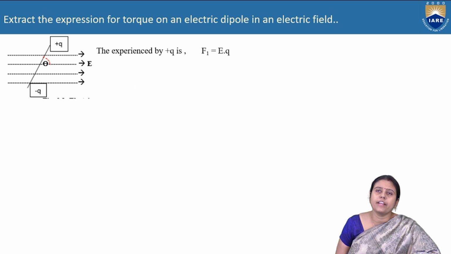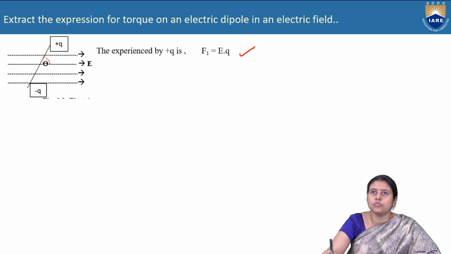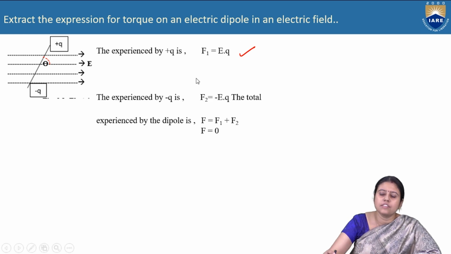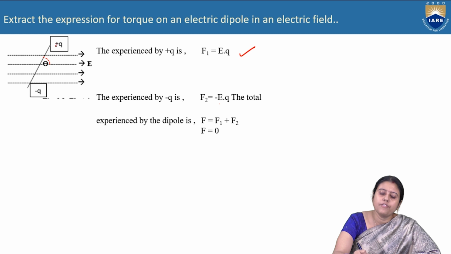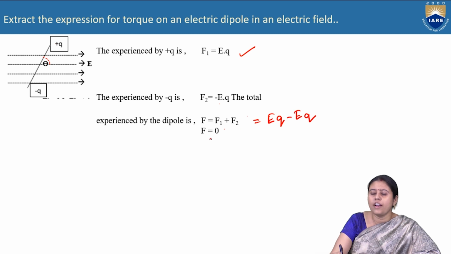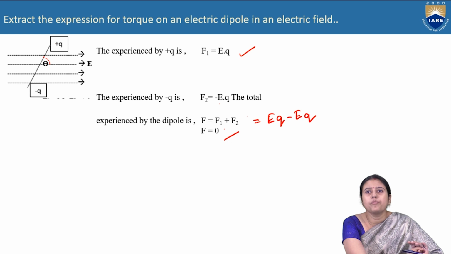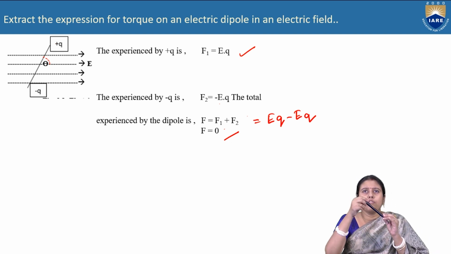The force experienced by the plus Q is F1 equal to E into Q. The force experienced by the minus Q is F2 equal to minus E into Q. So the total force is F1 plus F2, which is EQ minus EQ, so the force is equal to 0.